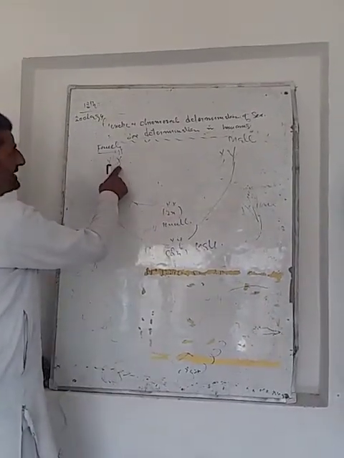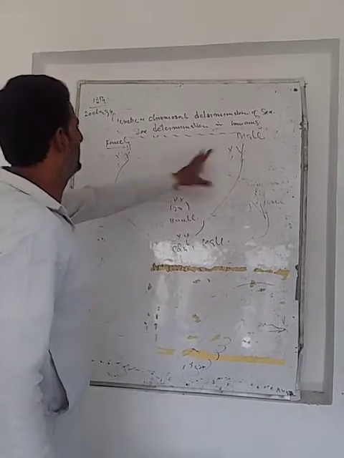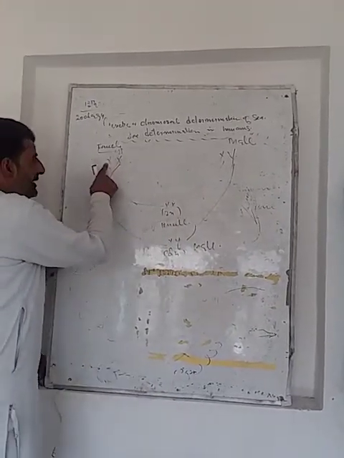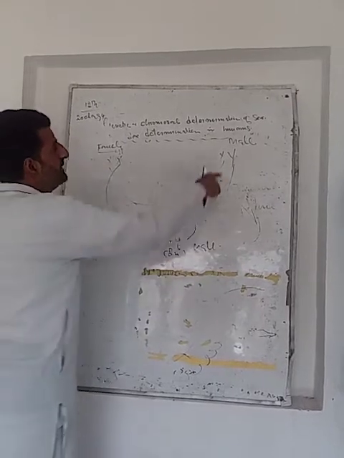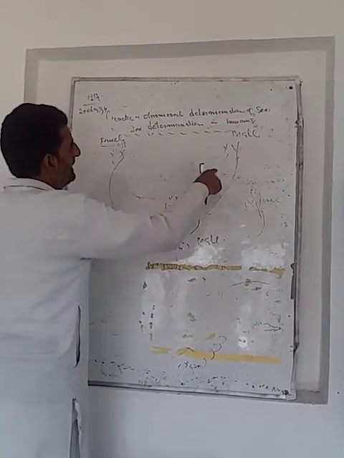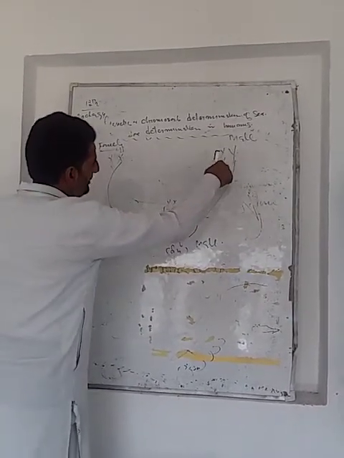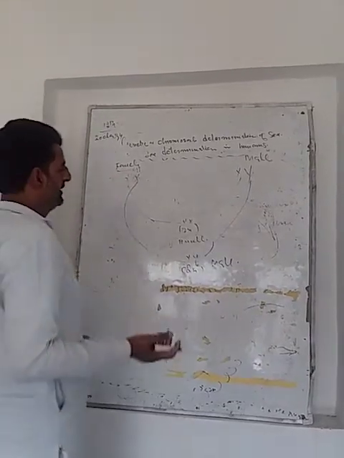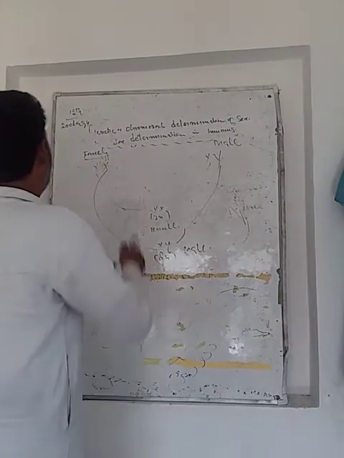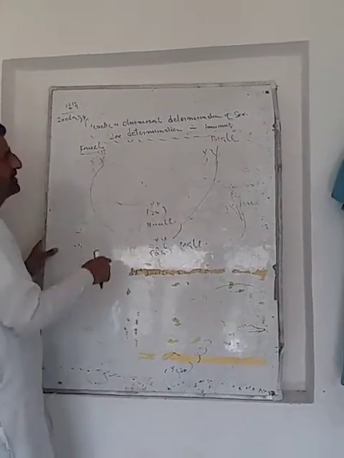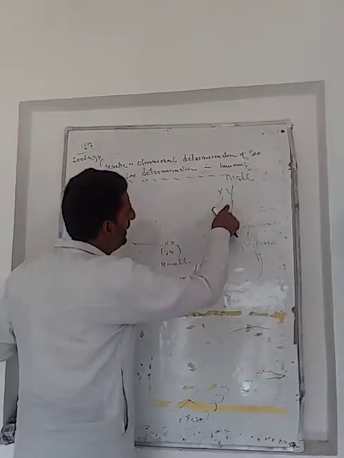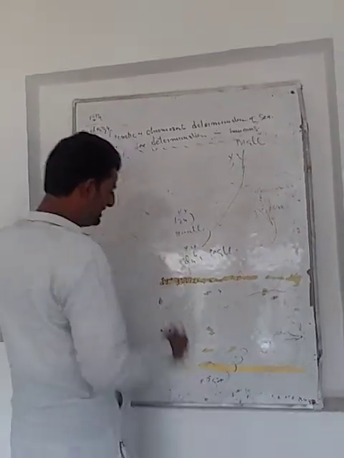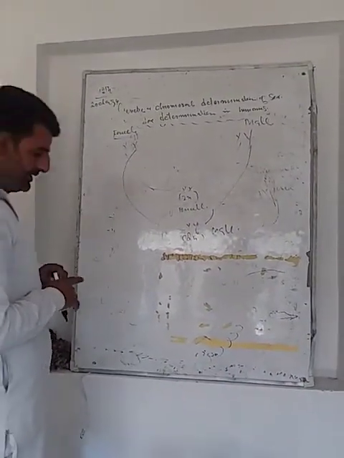If the egg fertilizes with the sperm bearing X chromosome, it becomes X and X, the homogamete, that is, female. And if the egg fertilizes with the sperm bearing Y chromosome, then it will be male. This is the way how sex can be determined.